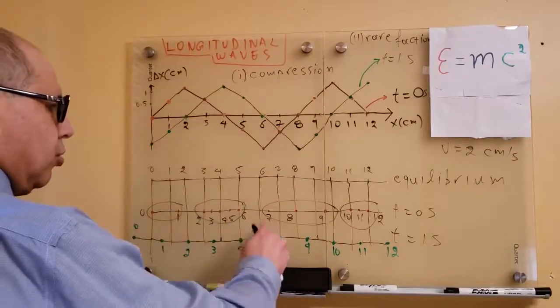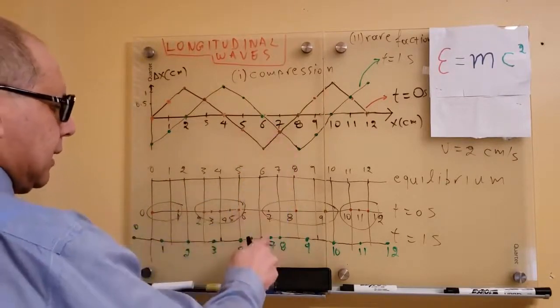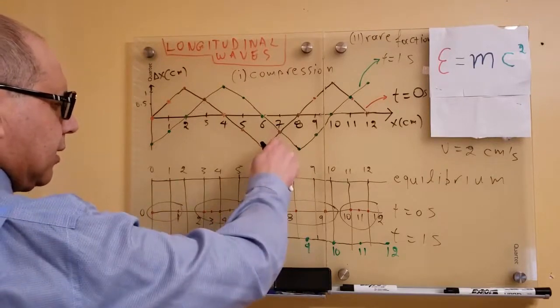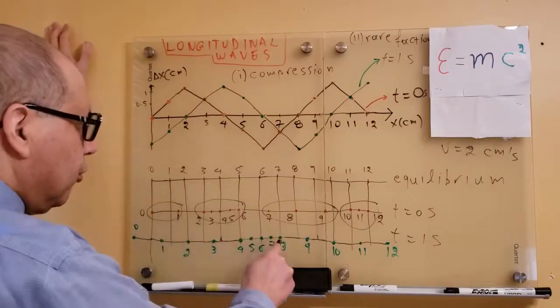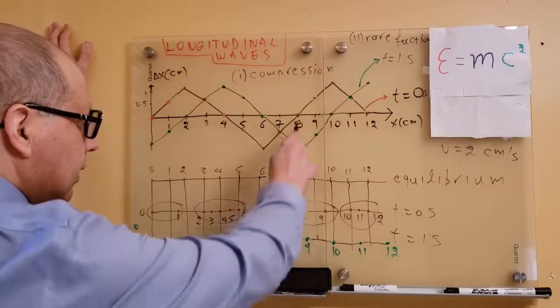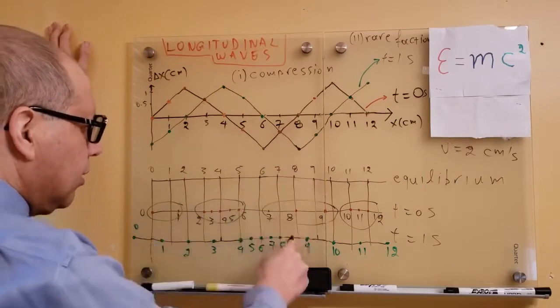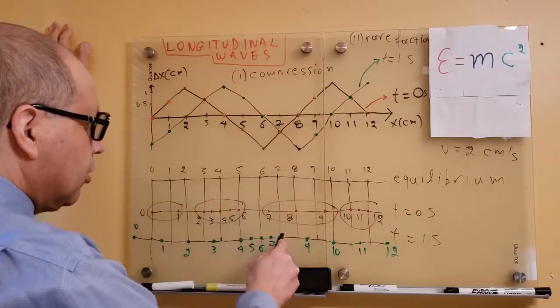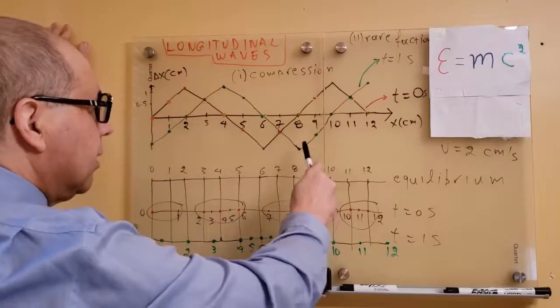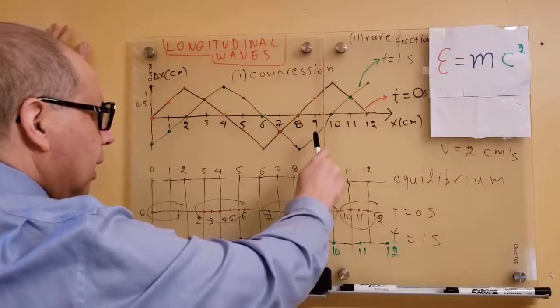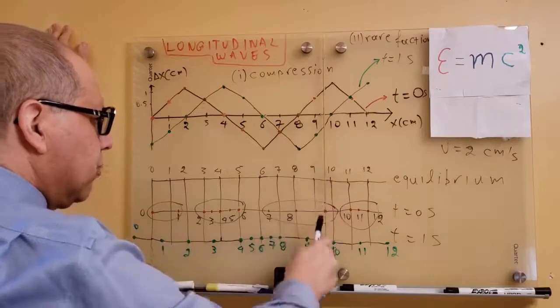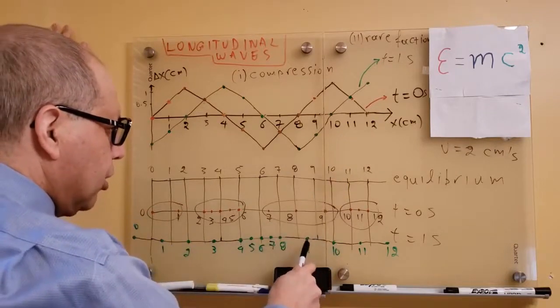For the green dot, it's at negative half, so it's here. Point 8 is at negative 1, so it has to be 1 to the left, so it's here. Point 9 is half down, so it goes half to the left from here to here.